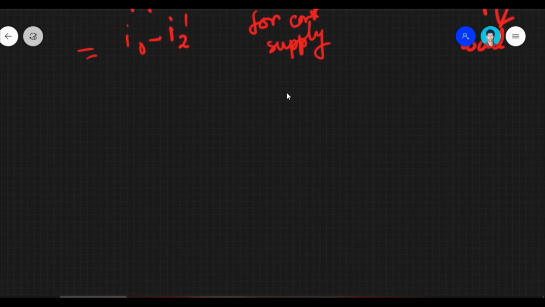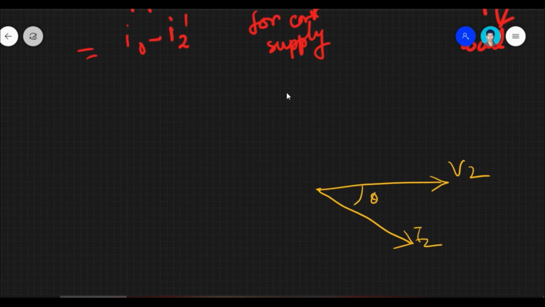Now with this, let me redraw the phasor diagram once again so you can understand it clearly. It was V2, then we had I2, this is theta 2. Then we got E2, what is E2? E2 is equal to V2 plus jI2 x L2. So we draw a line from the tip of V2 that is parallel to I2.